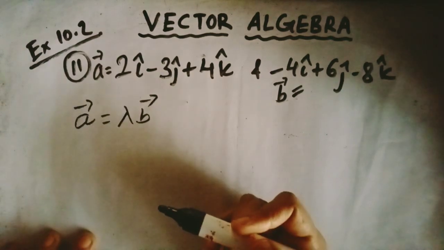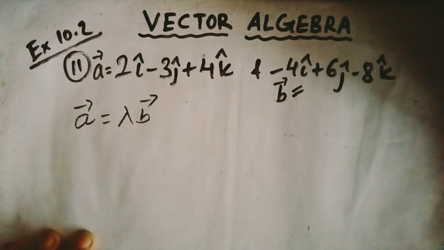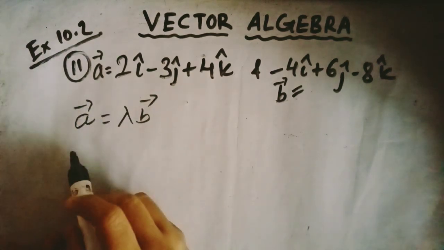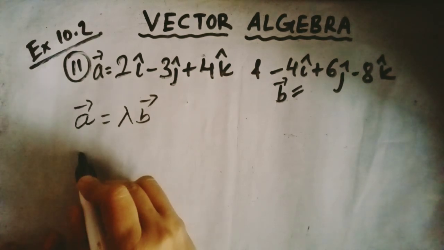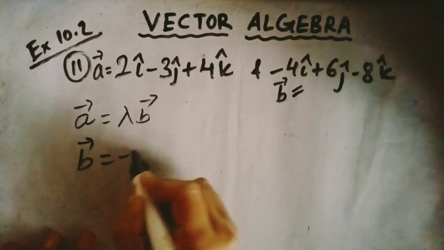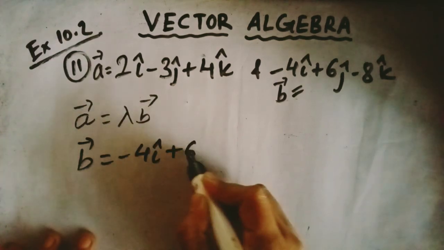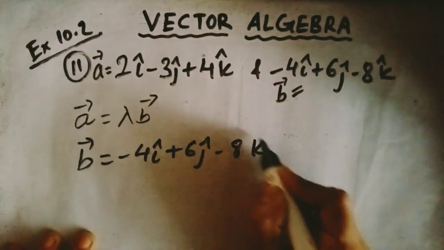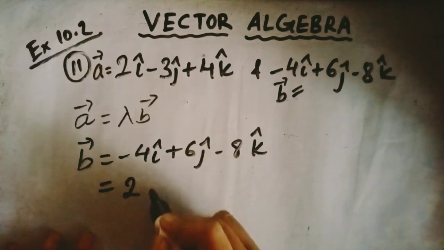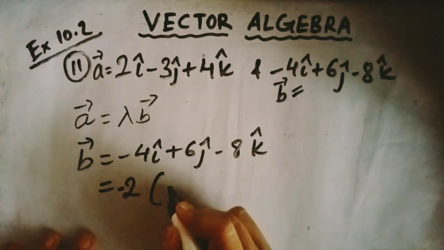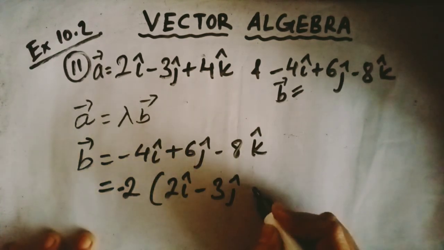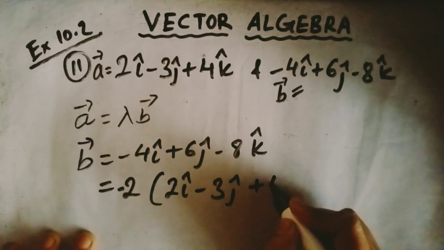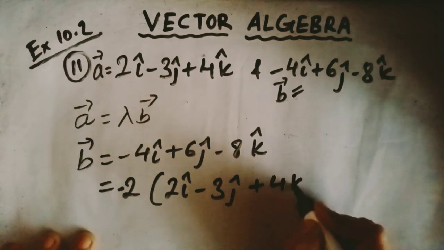Taking b as minus 4i plus 6j minus 8k and taking minus 2 common, you get 2i minus 3j plus 4k.